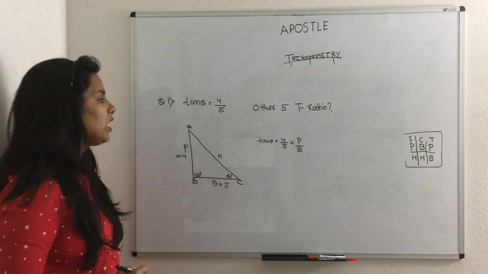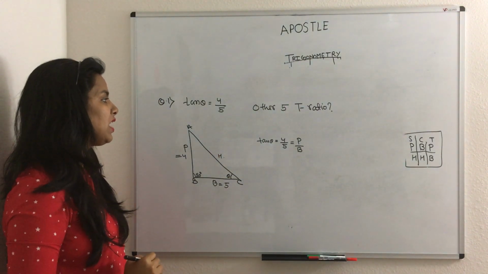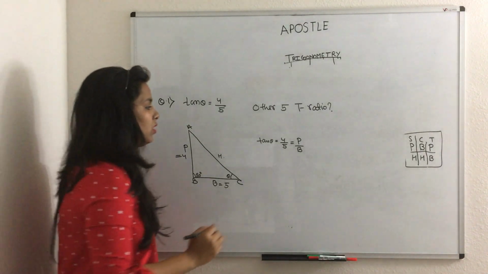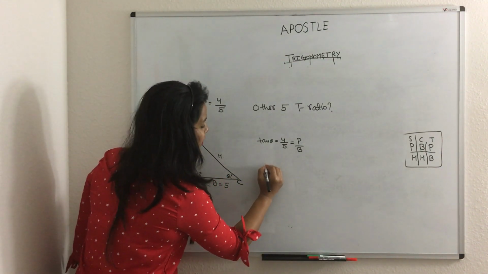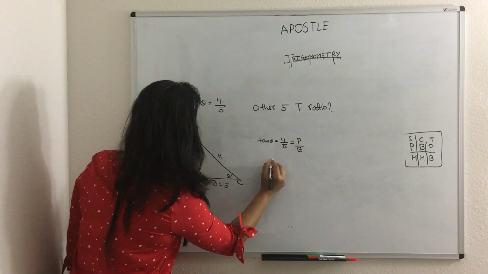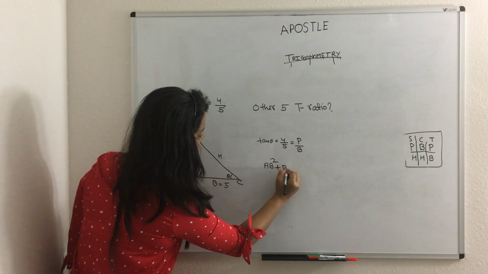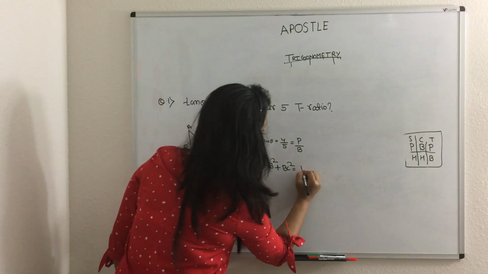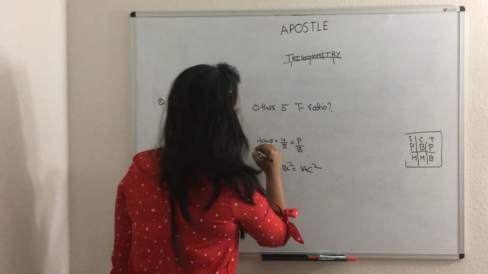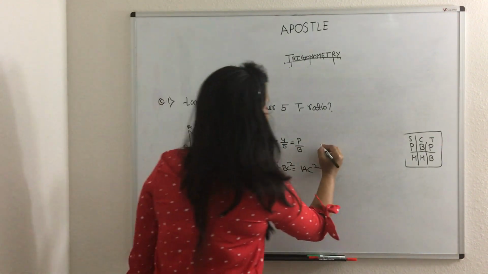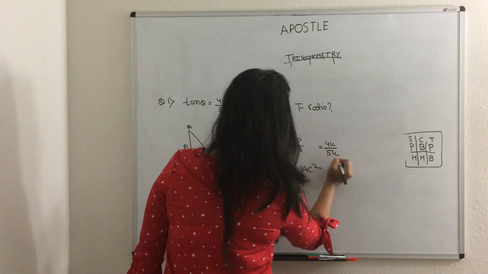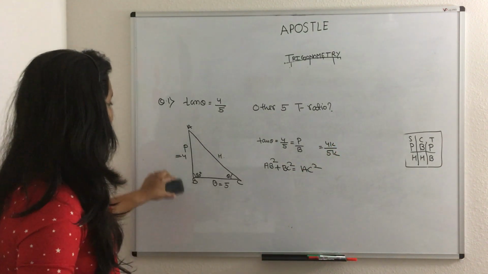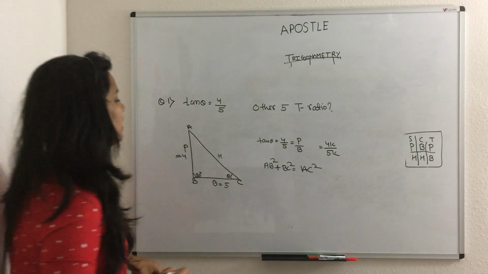How are we going to calculate it? By using the Pythagoras theorem, which everybody knows. We can write AB square plus BC square is equal to AC square. Or they are in the ratio, so we can write this as 4k upon 5k. What is AB? AB is the perpendicular, that is 4.